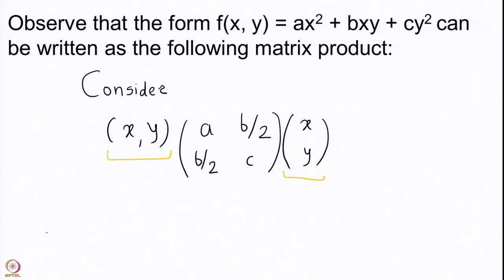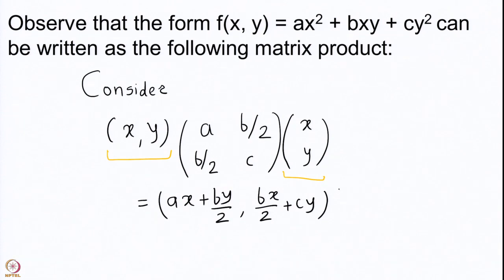Let us try to compute this value. We first obtain the left side multiplication, and that would be ax plus by by 2 comma bx by 2 plus cy, and now we multiply it by the column vector x y. Earlier, this was a 1 by 2 matrix, this is a 2 by 2 matrix, and this is a 2 by 1 matrix.